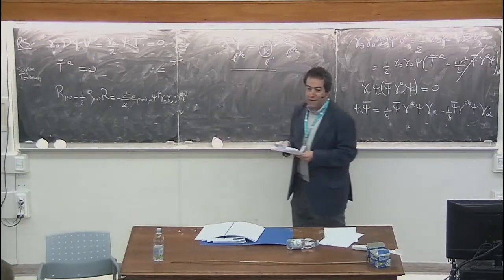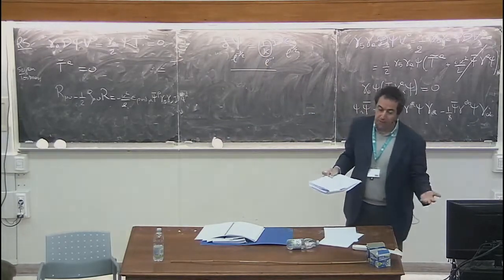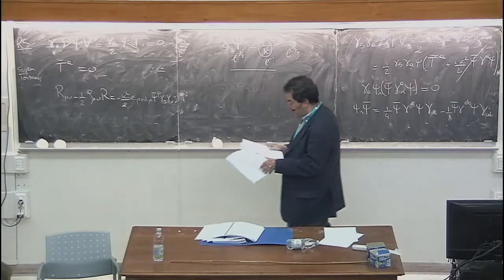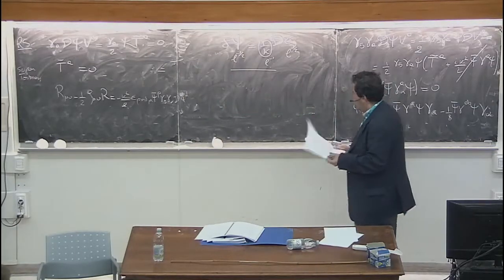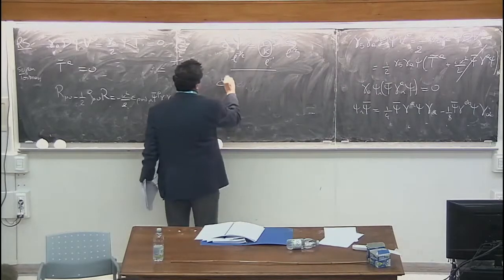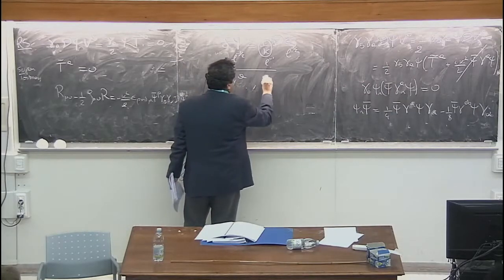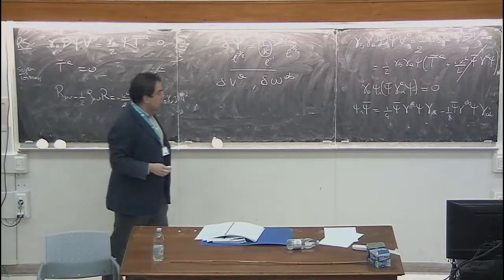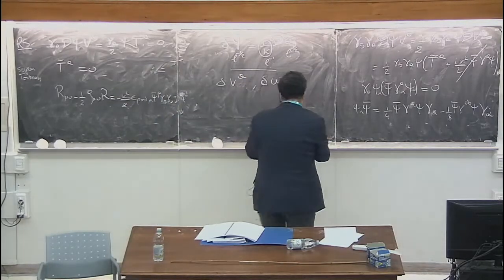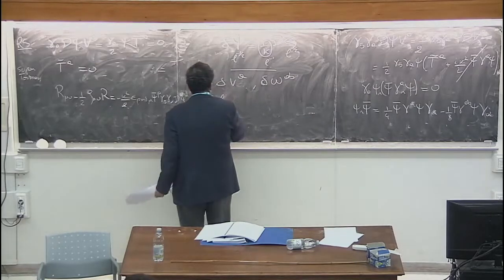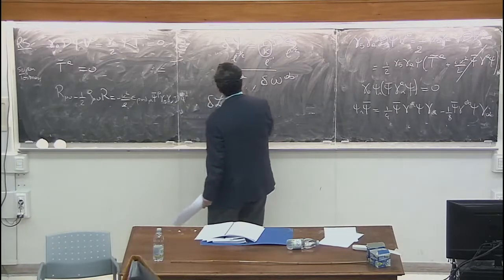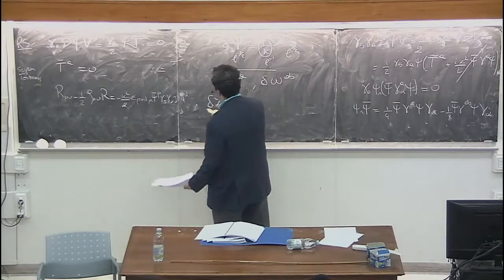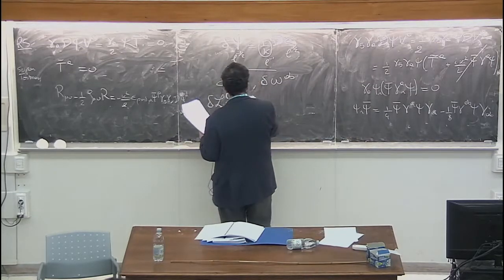Now we have to devise supersymmetry transformations for all the other fields in order for the whole action to be invariant. So we need to devise supersymmetry transformations for VA and omega AB, and then require the off-shell variation of the Lagrangian to be 0.